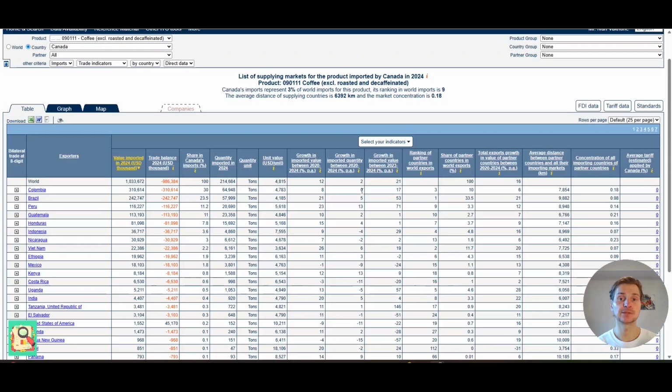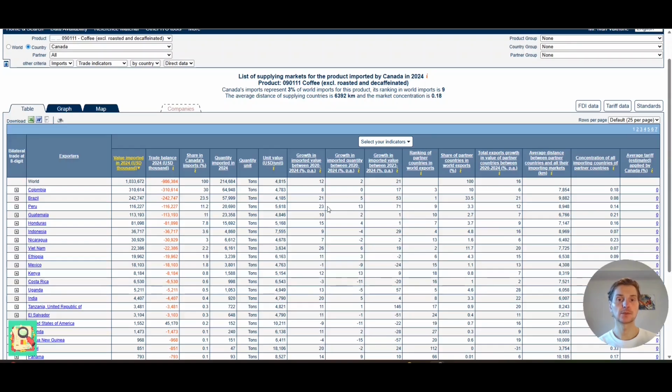It's 0%. So we are paying more for coffee, yet we're importing less of it. Again, this can be explained by higher costs of coffee, which we can see on a daily basis when we shop for coffee.